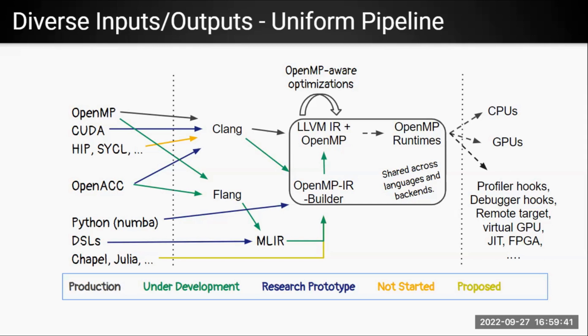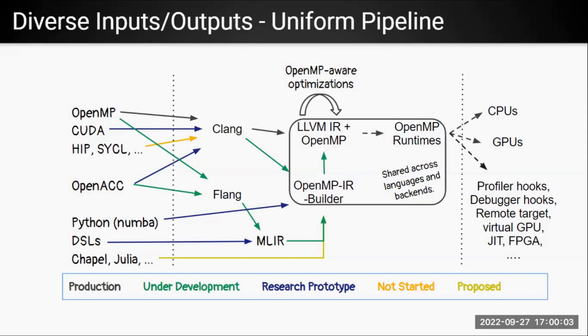The blue ones are the ones where we tried it out and it seems to work. So there is Python Numba to OpenMP builder to OpenMP runtime, so OpenMP annotations in Python code exist. So the blue ones are, yeah, we tried it out. It seems to actually work.